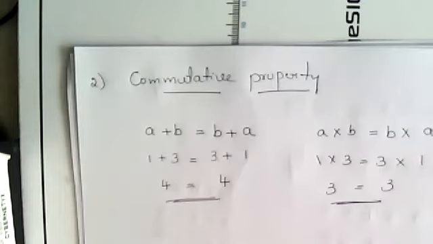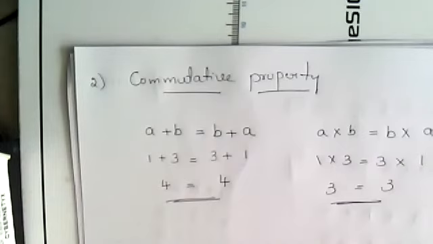We can say that whole numbers are closed under addition and commutative property holds good for addition and multiplication. Here also for subtraction and division, it doesn't hold good. Commutative property doesn't hold good for subtraction and division.